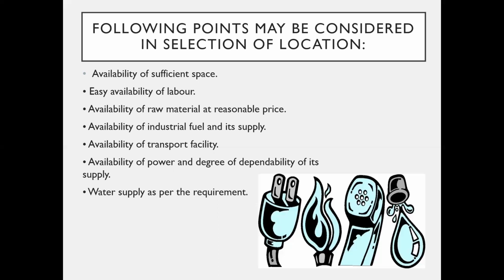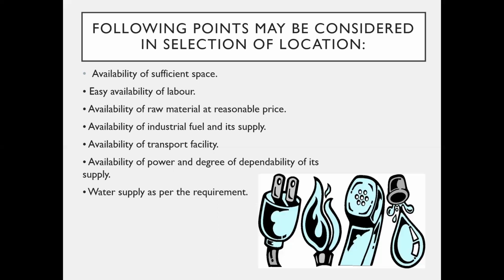Water supply as per the requirements. In any business organization, whether it is service oriented or goods oriented, it is very much important to have water. That could be for drinking purposes, for sanitation purposes, for factory manufacturing purposes, or any other things. If you think about the Coca-Cola and Pepsi companies, the major resource for their manufactured product is water.